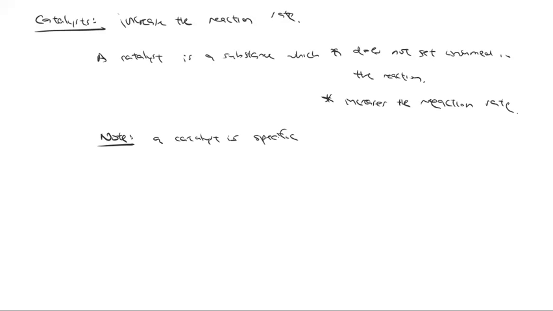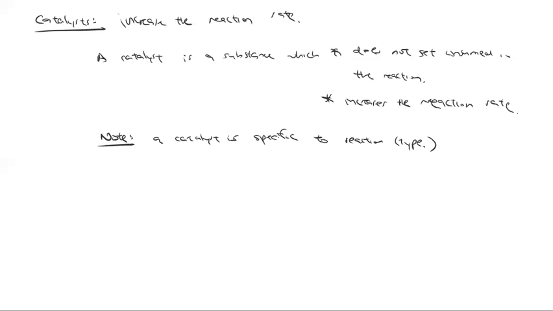You can't take a catalyst from this reaction and just dump it into the other one. They won't all work. A catalyst is specific to a reaction or reaction type. You can't say, this thing works for everything, I can dump it into any reaction. That doesn't work.